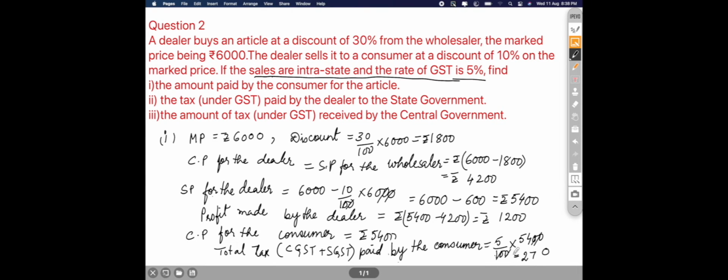That counts to rupees 270. Let me clean the upper part.